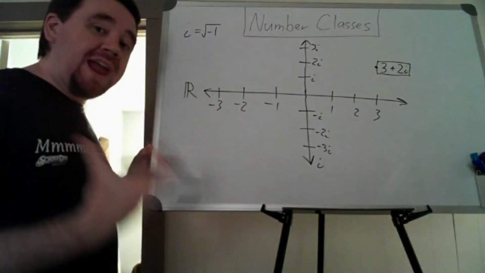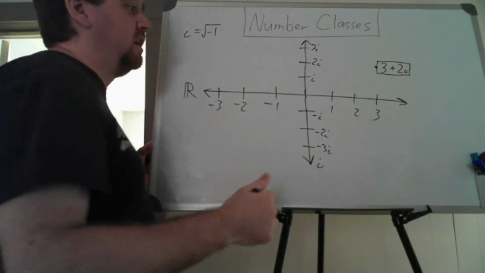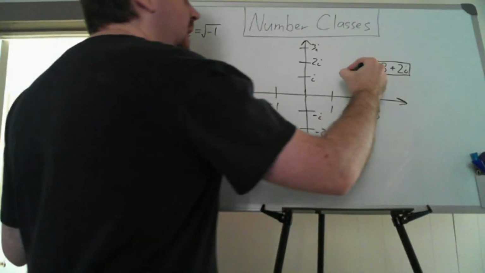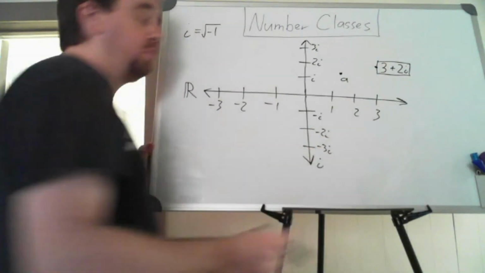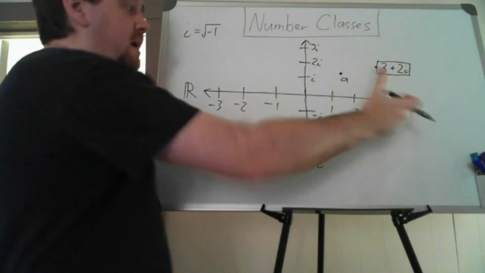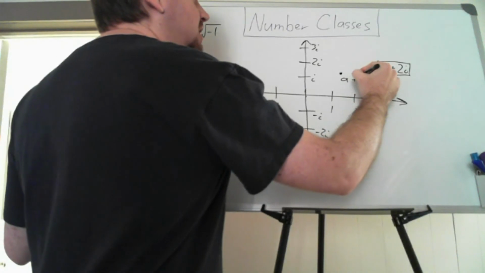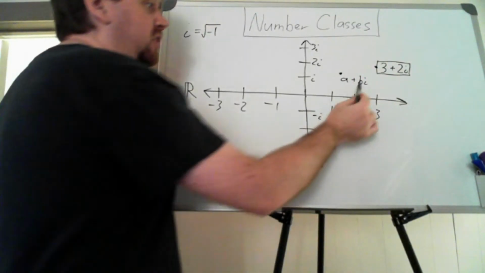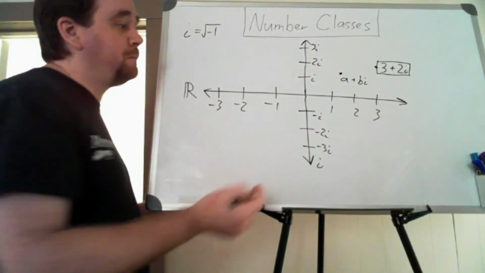And I can do that for any generic complex number here. I could just put a point somewhere on the plane and just say the first part is the real part. Where am I along the real axis? And then add to it the imaginary part, which would be b times i, where b represents a real number. Because take a look at this.